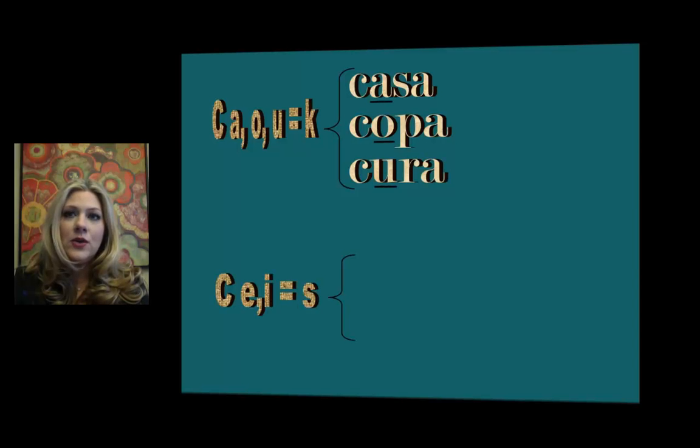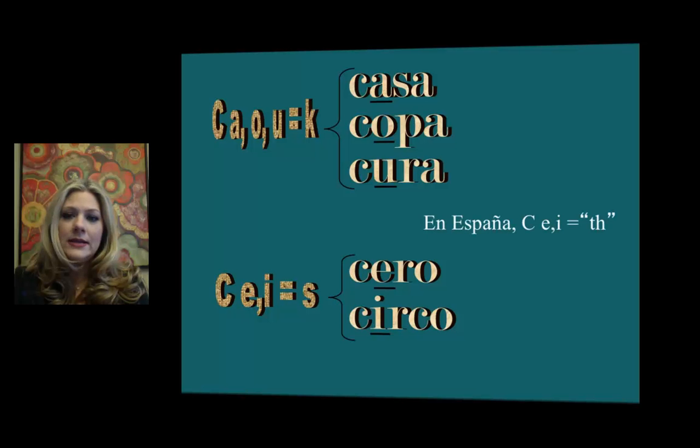And if it's an E or an I that comes after C, then it's an S sound, like cero, circo. And in España, the CE or the CI sound is pronounced th.